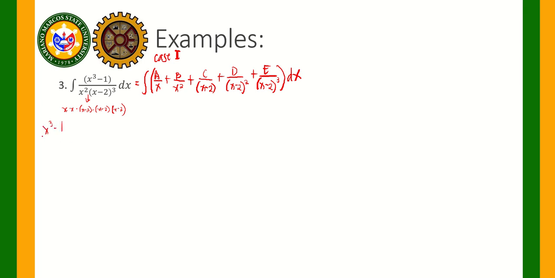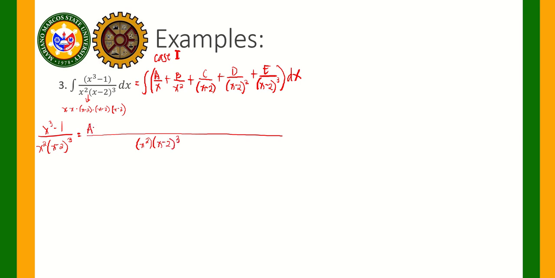x cubed minus 1 all over x squared times x minus 2 cube is equal to, kunin natin yung LCD. So this will be equal to x squared times x minus 2 cube.